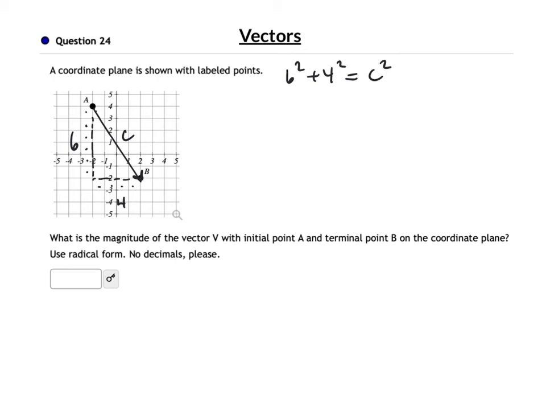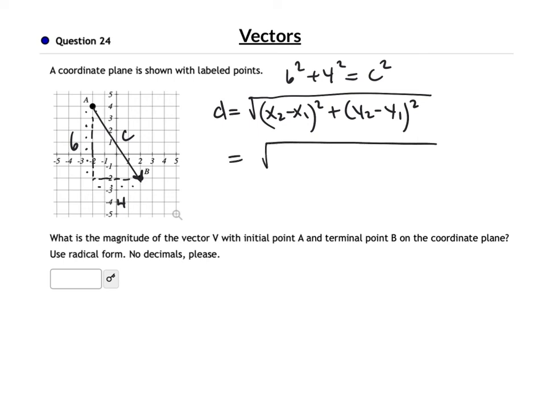Another way to do this is with the distance formula. The distance formula is the square root of x2 minus x1 squared plus y2 minus y1 squared, and you just plug in your 2 points. My ordered pairs are 2, -2, and -2, 4.